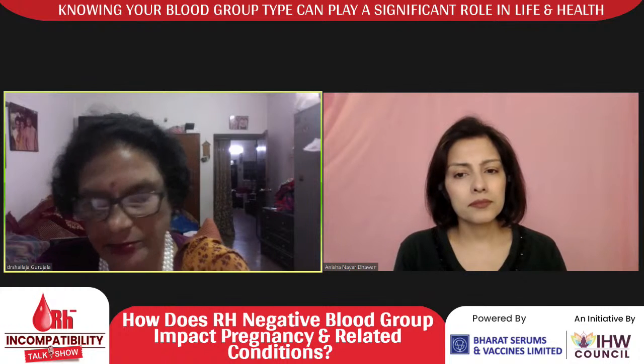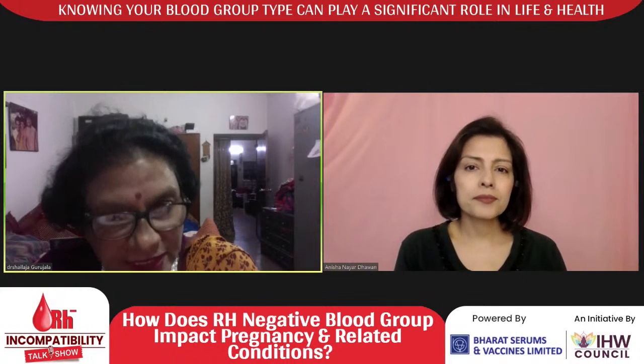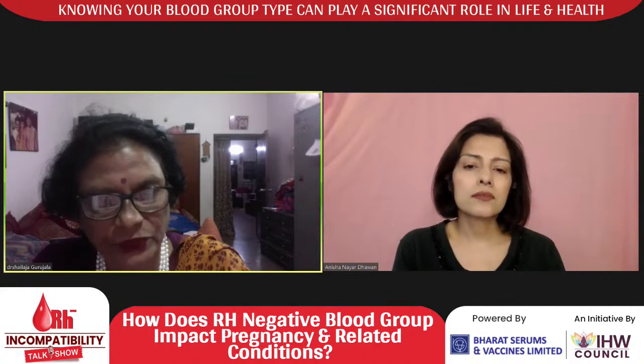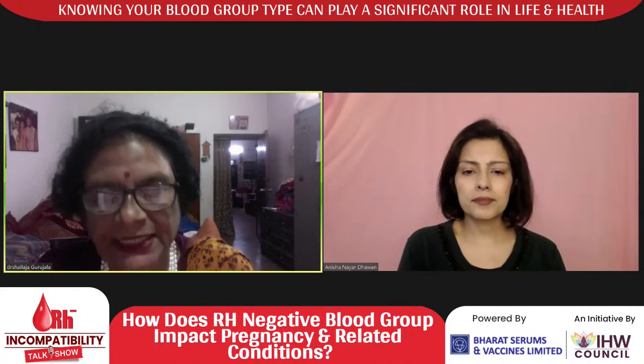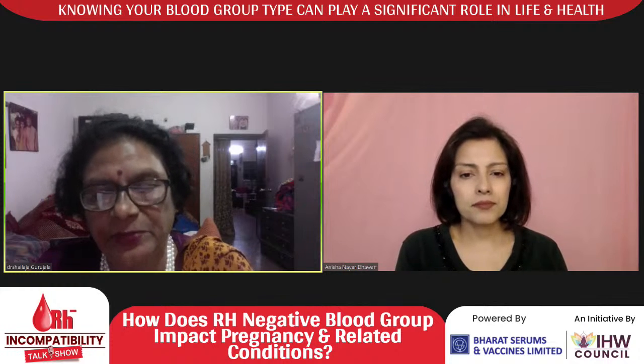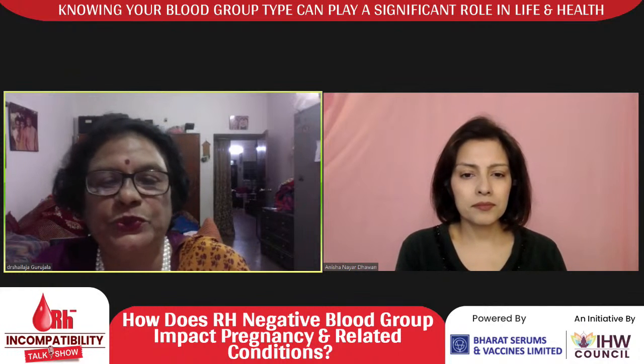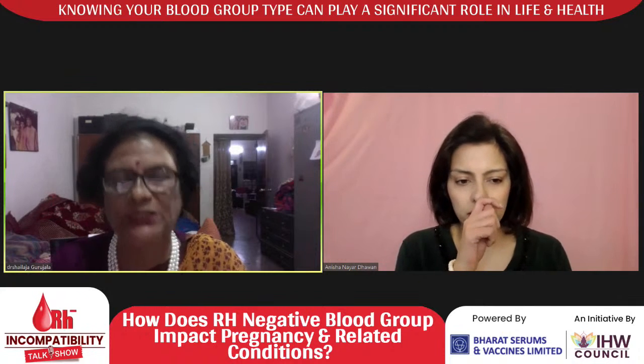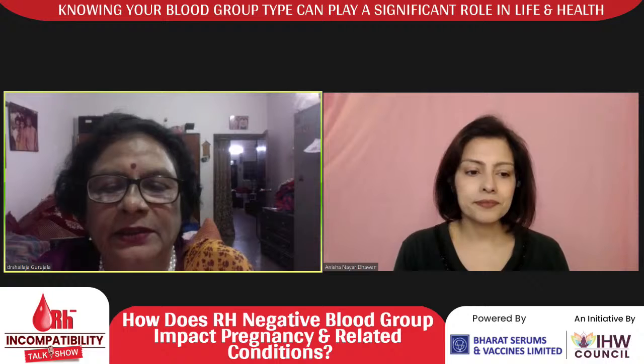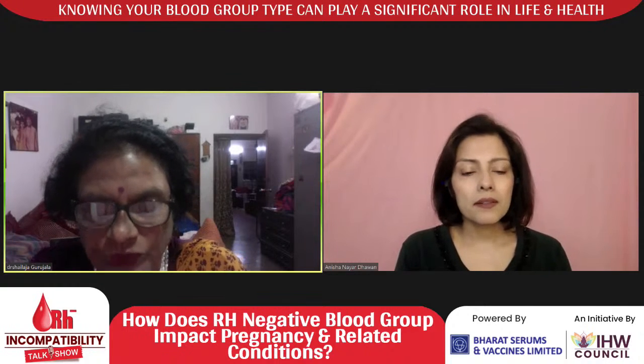And the baby can become very severely jaundiced after birth. If the jaundice is more than 19, it will affect the baby's brain, and the baby can have convulsions and reduced intelligence. So the baby can become autistic or a slow learner. Many things can occur in the baby if you don't treat that jaundice immediately.